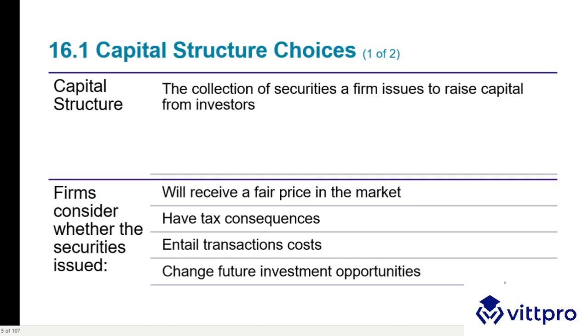Fair price means that the cost of debt and returns are different because of risk. Debt is cheaper, preferred costs slightly higher but less than equity, and equity is higher than both. In terms of tax consequences, debt gives you a tax saving, but with preferred and equity you don't save tax.